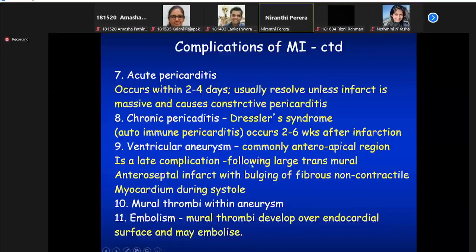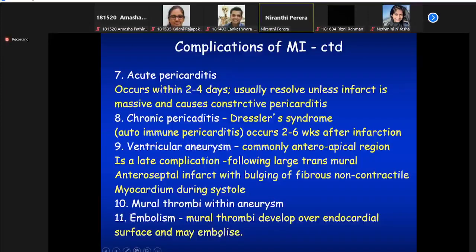Especially following a large transmural or anteroseptal infarct, you can get mural thrombi within the aneurysm because there is stasis there. Mural thrombi may develop over the endocardial surface and may embolize all over.